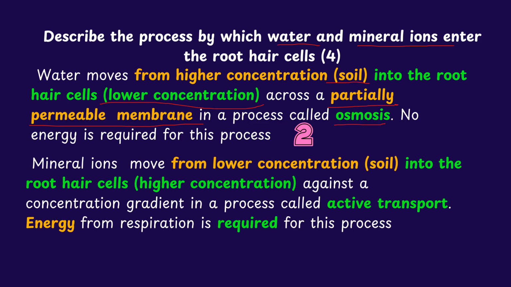Mineral ions move from lower concentration, and make sure you identify where lower concentration is, which is in the soil, into the root hair cells, which would be higher concentration, against a concentration gradient in a process that is called active transport. And this is very important now, students. You must mention that energy is required for this process. And remember, the energy comes from respiration, and you'll get 2 marks for this. So do not leave out the key concepts and the key words to get your full marks.